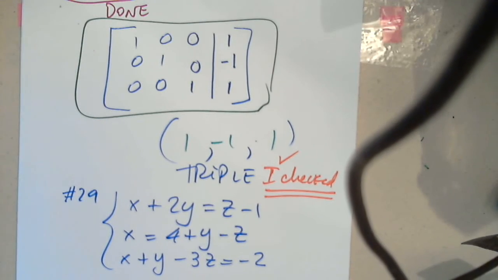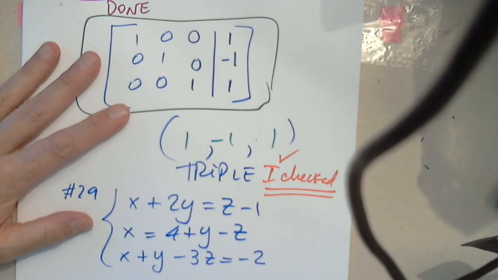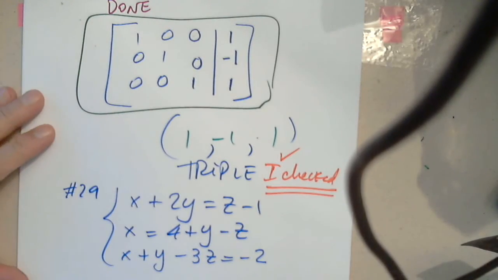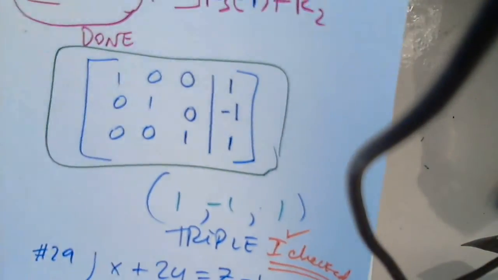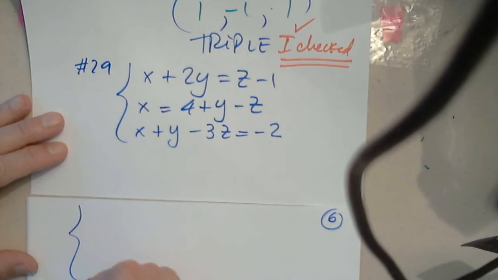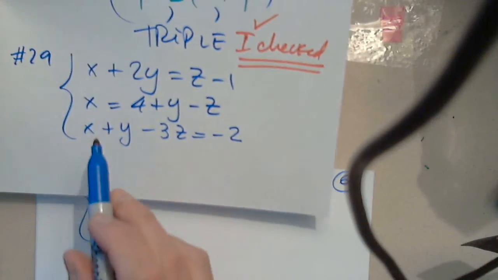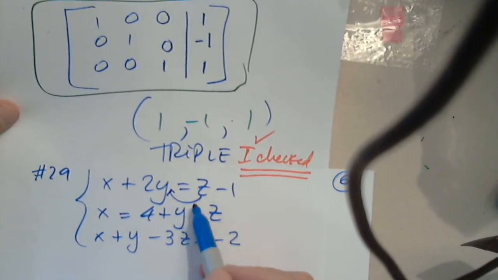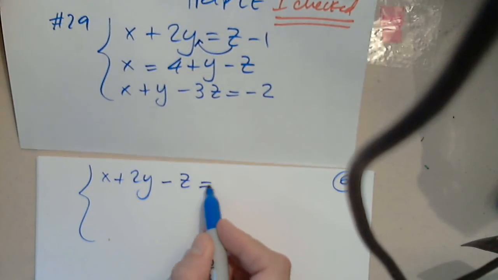Let me put this away. Okay. First of all, I look at the system and I'll say, no way. This is not arranged how it should be. So then I write x plus 2y. I bring z to the other side, subtracting z equals negative 1.